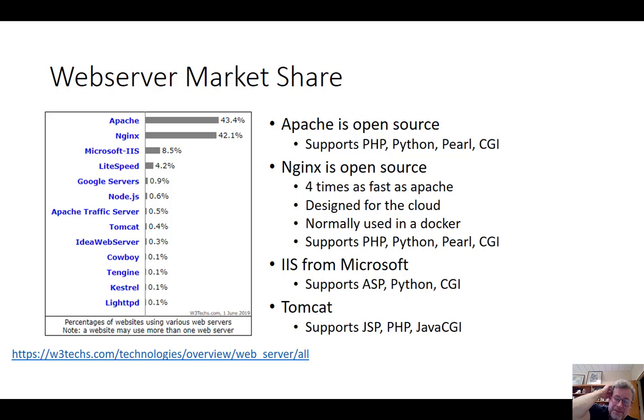Then there's Tomcat. Tomcat was originally written by Sun. It was taken over by the Apache Foundation, but it's not the Apache web server. Its main claim to fame in life is it was written in Java and it supports JSP. Okay, you'll see in a little bit that makes sense, because JSP is basically a way of sticking Java into a web page.